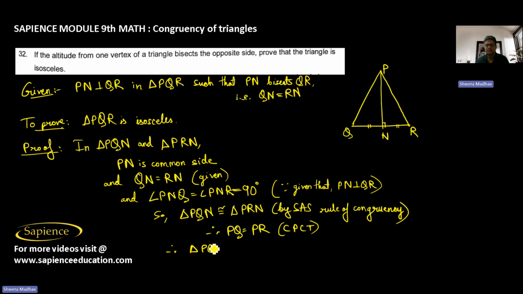Therefore triangle PQR is an isosceles triangle. So hence proved.